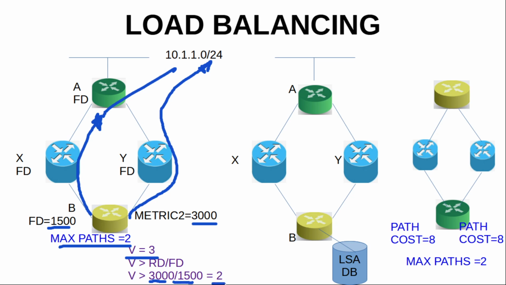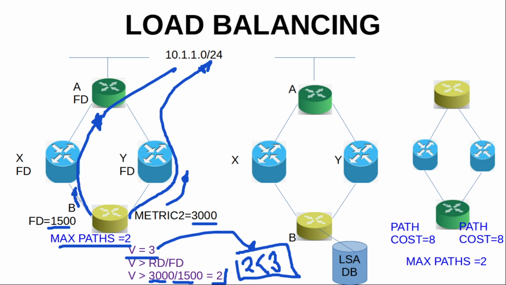So we obtain 2. 2 is less than the variance. Variance is set to 3. So this complies with the formula. So we are going to use these two links to load balance traffic. This only applies to EIGRP.